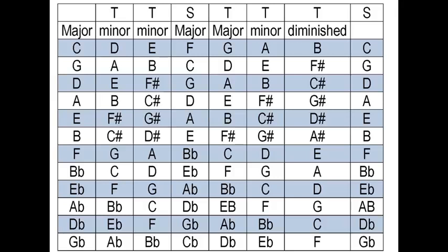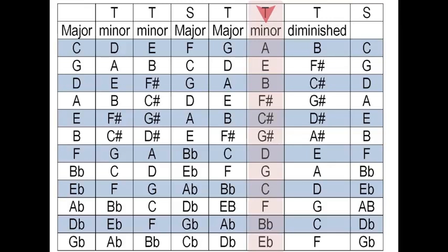Now when I said the key of A minor, we're here talking about major scales. The fastest way to find out a minor scale is go to the sixth column, and that is what is called the relative minor. So in the key of C major, the relative minor is A. In the key of G major, the relative minor is E. It's always the sixth note of a major scale.